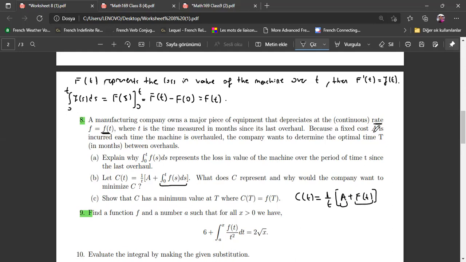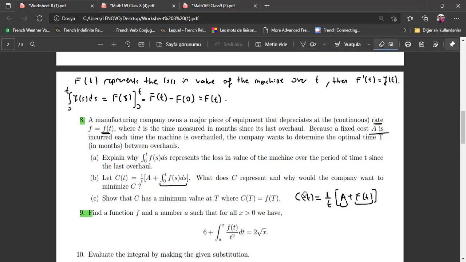A is already here, it's the cost, again representing the loss. So this function C represents the amount of money lost, and that's why, of course, the company wants to minimize this C.